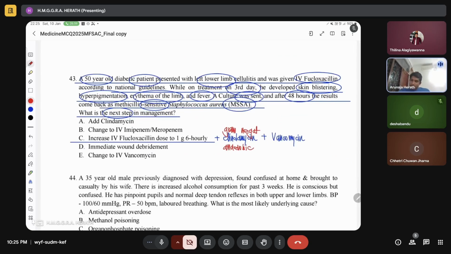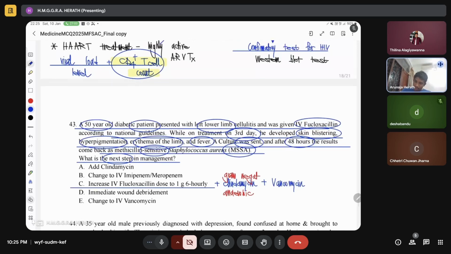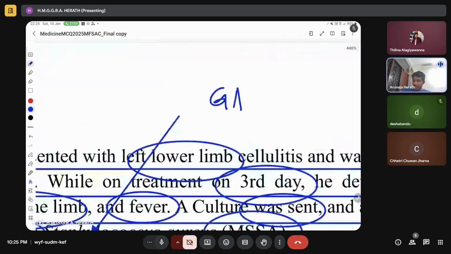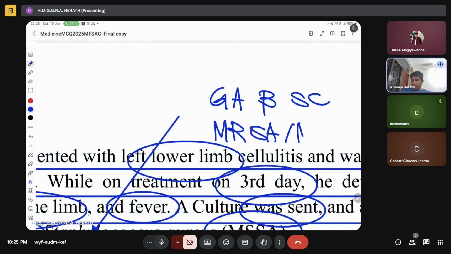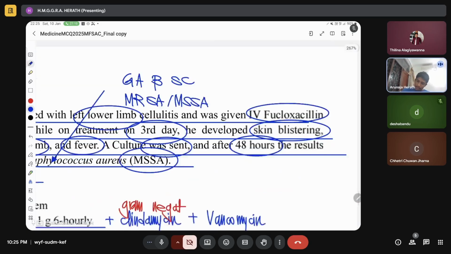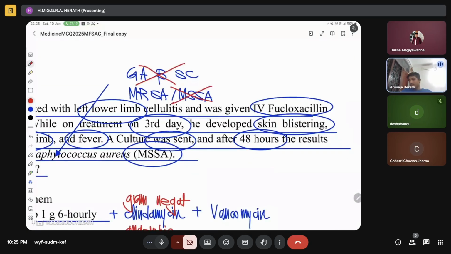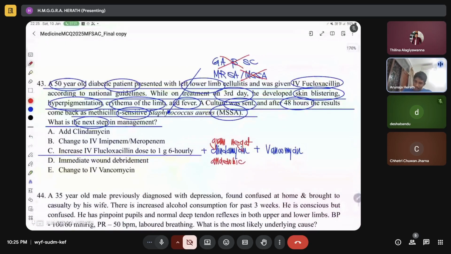And usually the culprit organisms for cellulitis are group A beta hemolytic streptococci, MRSA or MSSA, right? Usually flucloxacillin will work for MSSA and group B strep. However, MRSA will not respond to flucloxacillin.